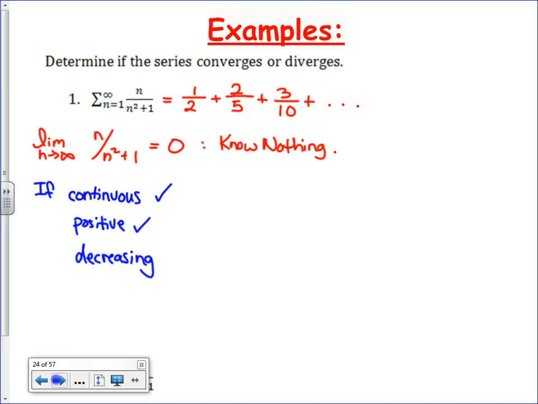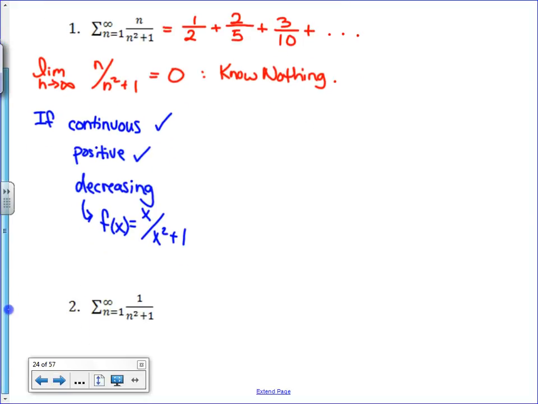How do we know for sure? We could know for sure by taking the derivative. I'm just trying to show you if you couldn't tell. f of x is equal to x over x squared plus 1. I take this a sub n and make it into f of x.